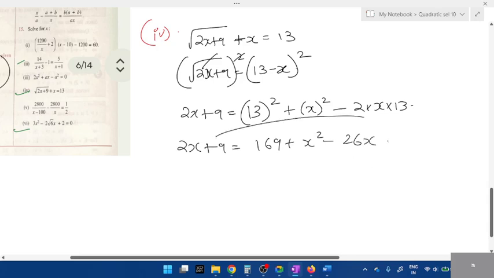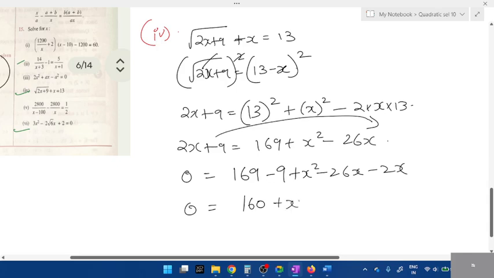Now arrange, shift everything to the other side. 169 minus 9 plus x square minus 26x minus 2x. 169 minus 9 is 160 plus x square.